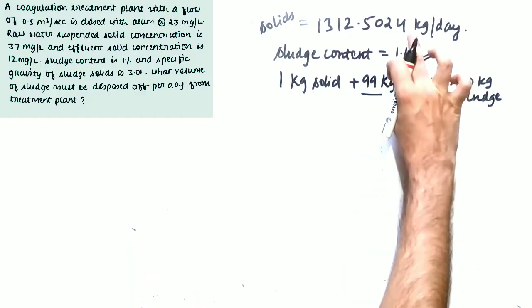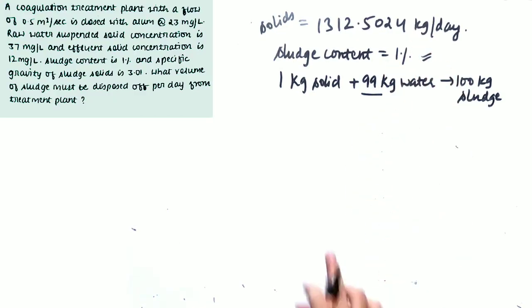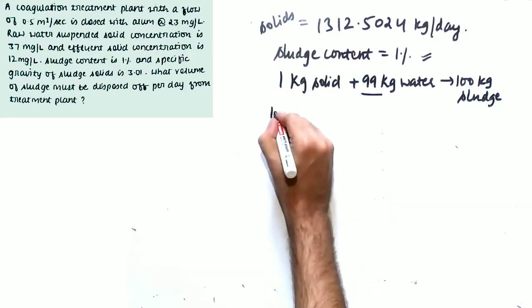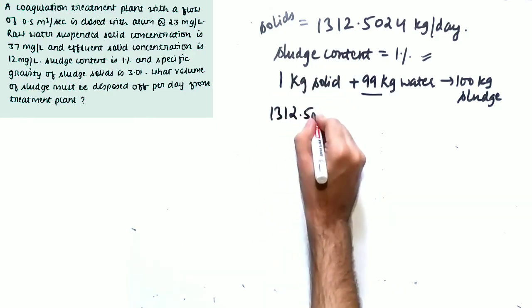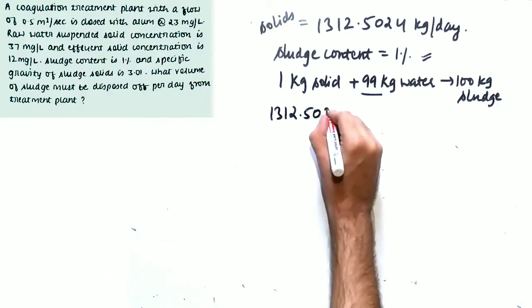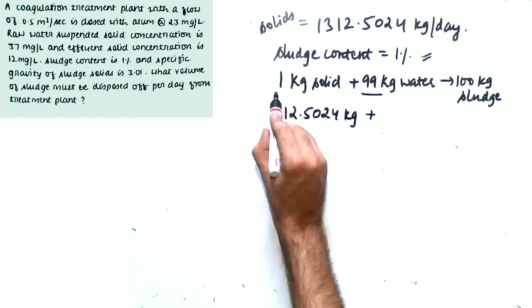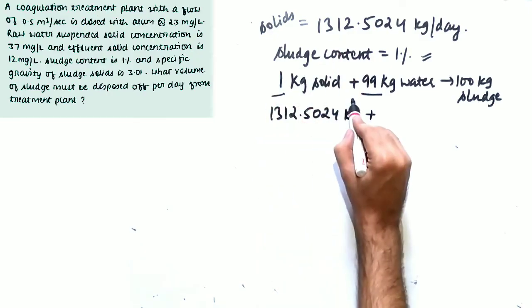Now you have the kilogram per day of solids. So 1 kilogram of solid, multiply this by 1312.5024 kilogram of solid plus, similarly, when you multiply this here, you have to multiply this here as well.